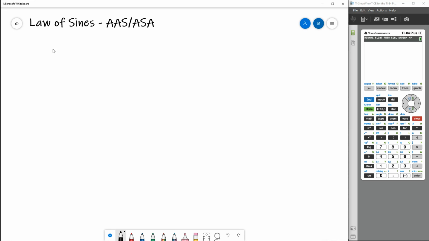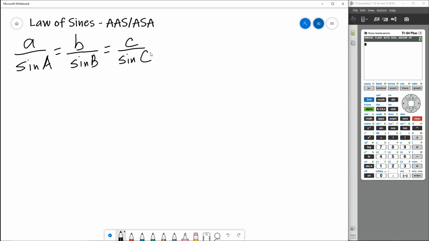Now let's recall that the law of sines can be written as a over sine of A equals b over sine of B equals c over sine of C. Essentially, the ratio of any of the sides to the sine of the angle opposite of that side is going to be a consistent factor.